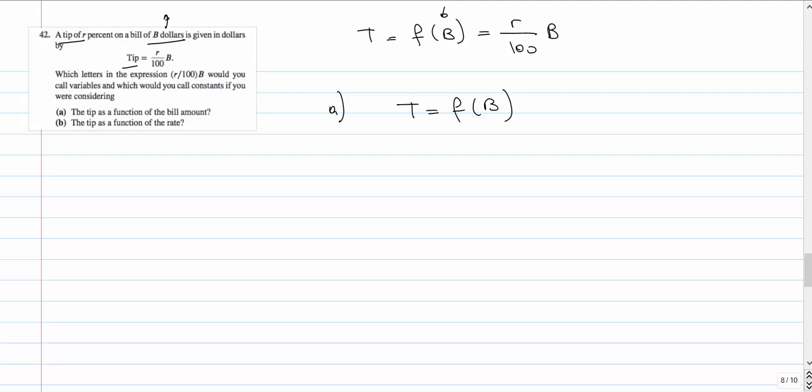Okay, so let's start over. I want to point out a couple things. When I'm looking at this problem, the tip is R over 100 times B. So you know here that tip is dependent on two variables, R and B. But with the way the question is asked, it varies.